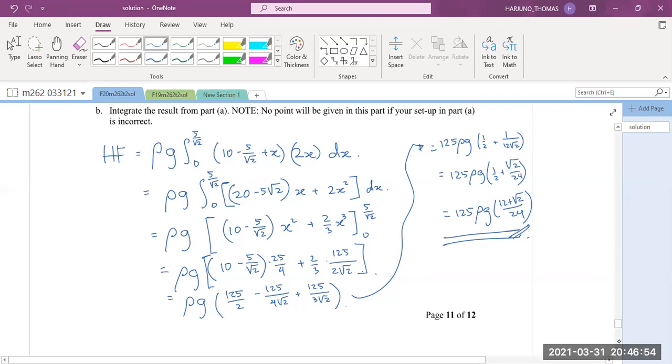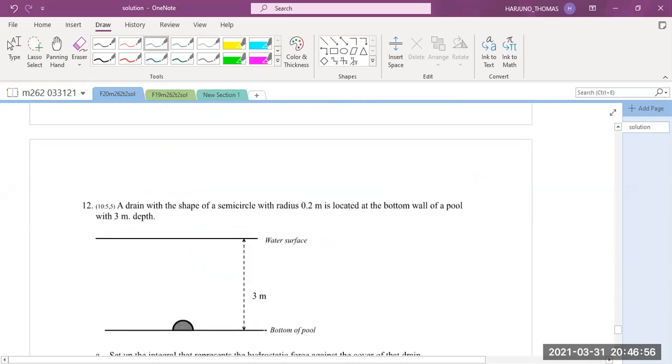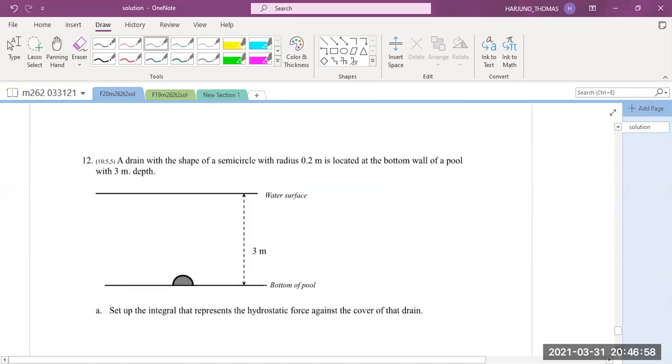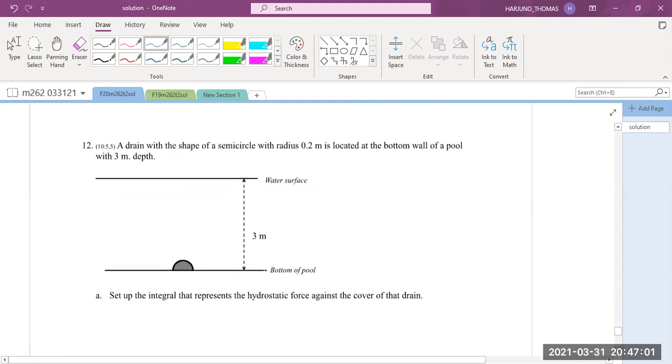Okay, last question. The semicircle has radius 0.2. So let me enlarge that. If my line of reference is at the bottom, x equals 0, and this is my x, then this is 0.2.